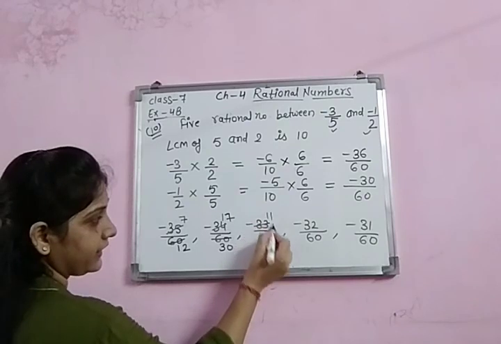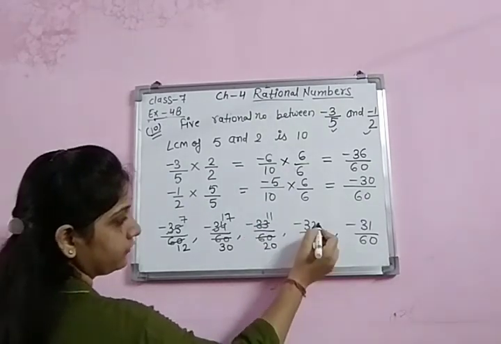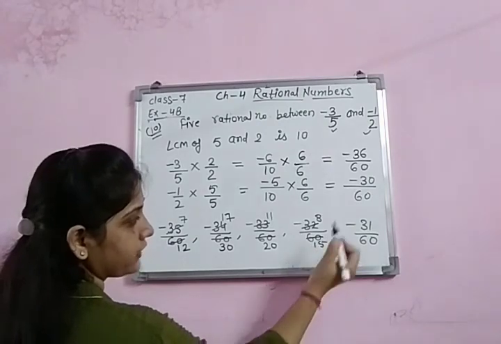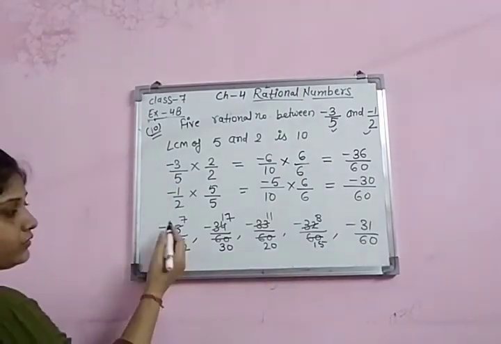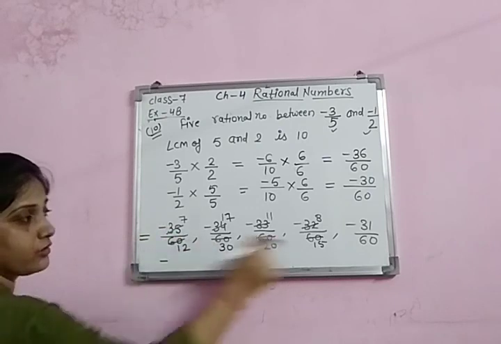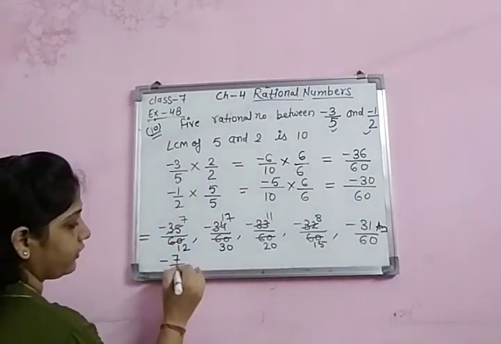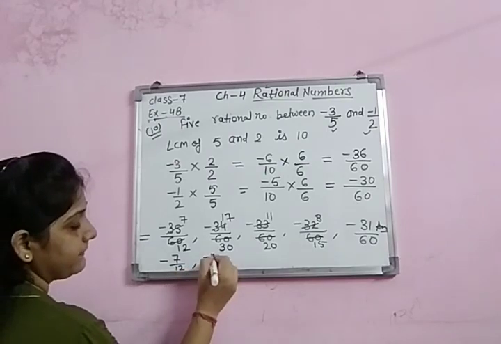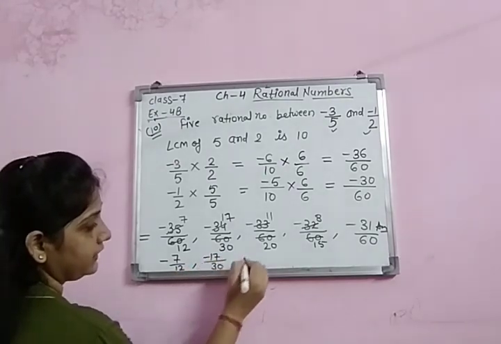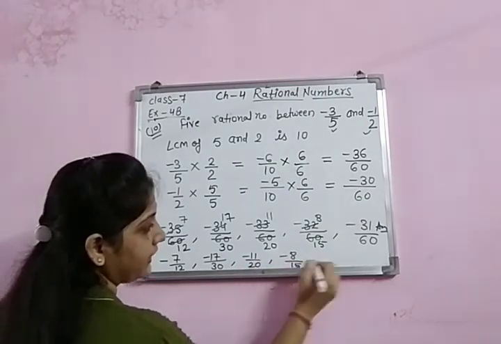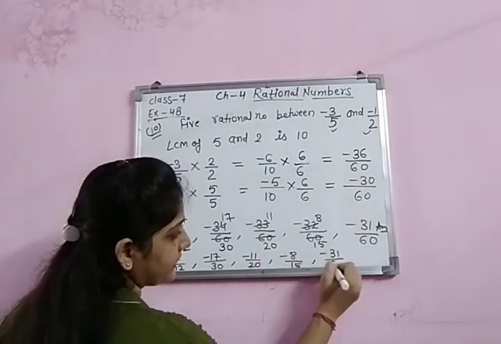This by 3 I can cancel out. 4 8s are 32 and 4 15s are 60, 4 5s are 20. This is not cancelled. This is also an answer. You can leave your answer here only, or you can write in short form also. Negative 7 by 12, negative 17 by 30, negative 11 by 20, negative 8 by 15, negative 31 by 60.